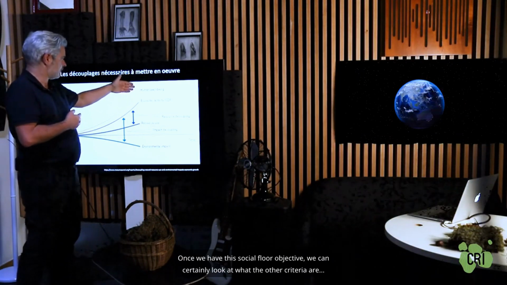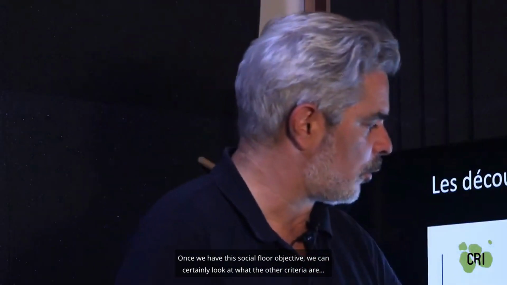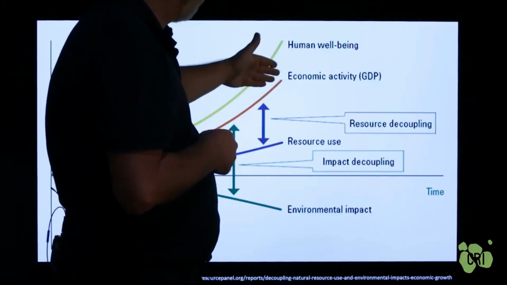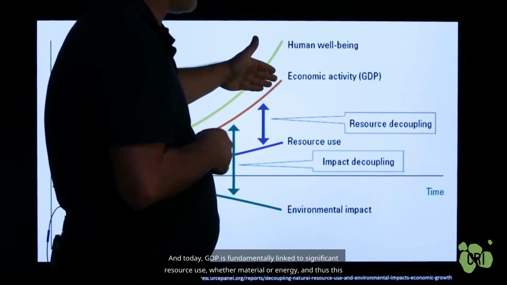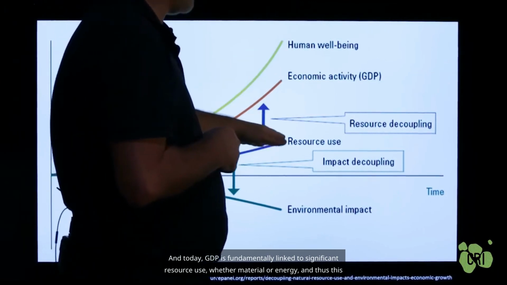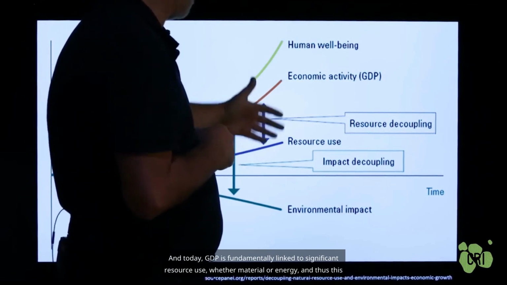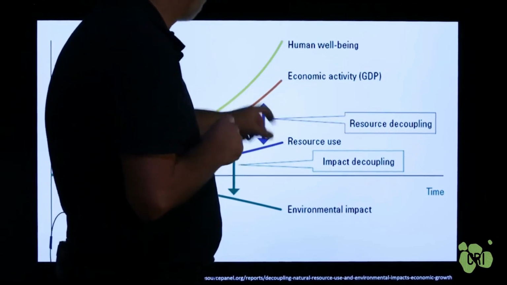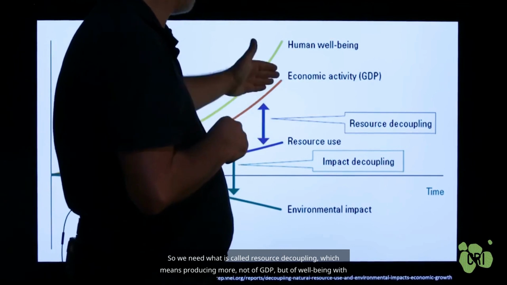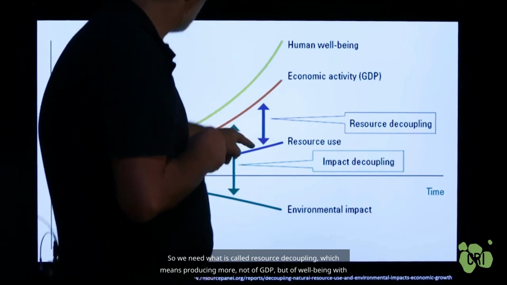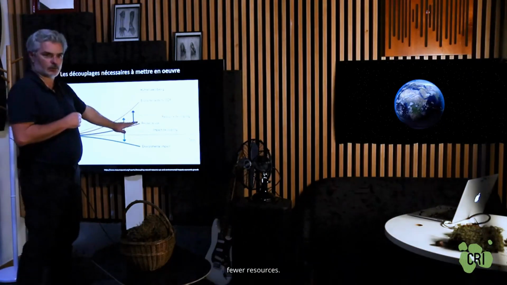Once we have this social floor objective, we can certainly look at what the other criteria are. And today, GDP is fundamentally linked to significant resource use, whether material or energy, and thus this results in waste. So we need what is called resource decoupling, which means producing more not of GDP but of well-being with fewer resources.